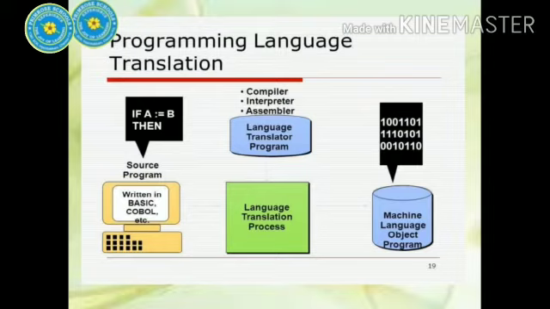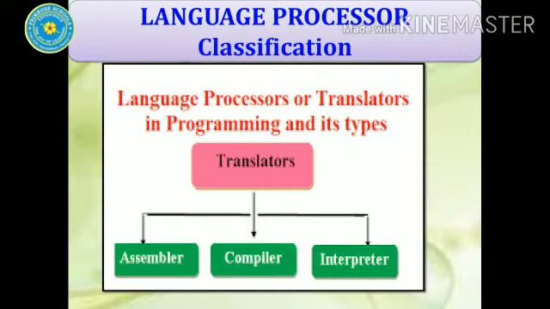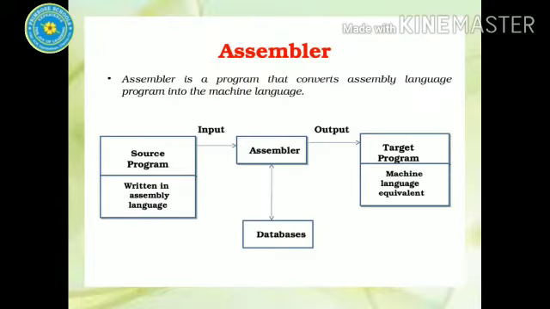Now let us take a look at the classification of language processor. Language processor can be classified into three types: assembler, compiler, and interpreter. Let us take a look at assembler now. An assembler is a program that converts an assembly program into machine language.